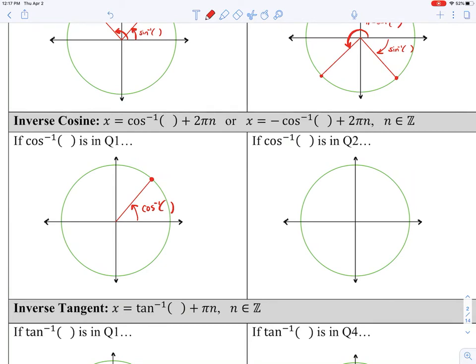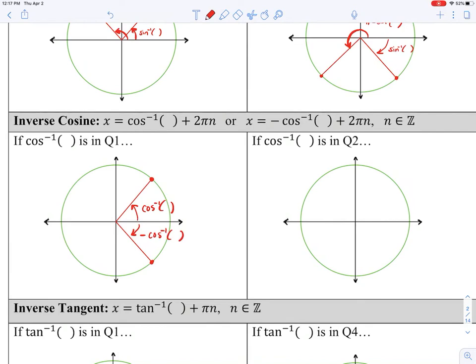Then negative inverse cosine of that positive ratio would just be the negative. So that angle reflected over the x-axis, that would be the angle negative inverse cosine of the positive ratio.